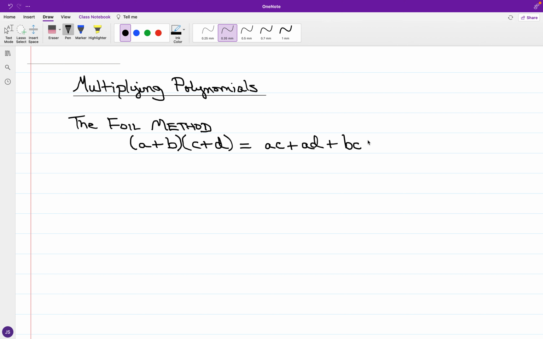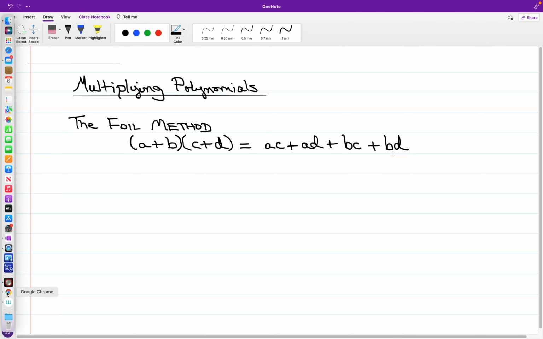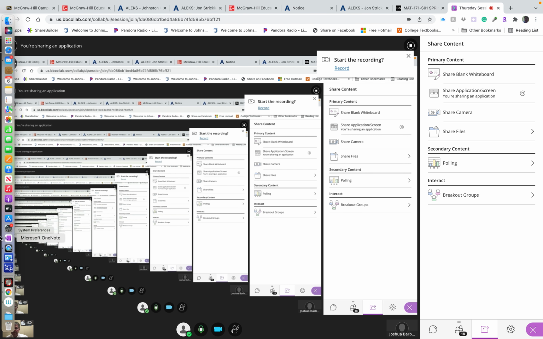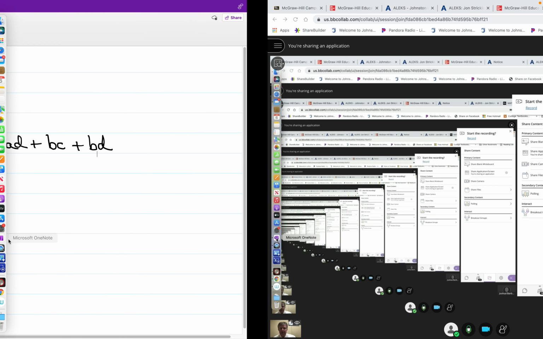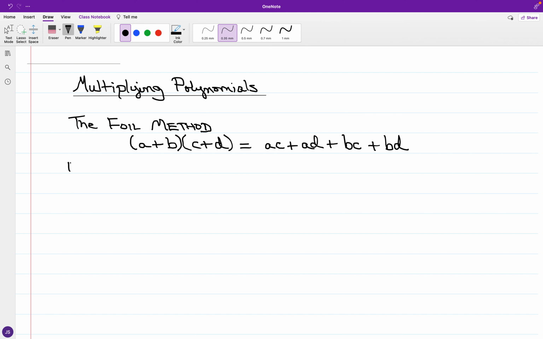And the last product will be multiplying the last terms, b and d, from what we have in the case of utilizing the FOIL. So you have AC plus AD plus BC plus BD.